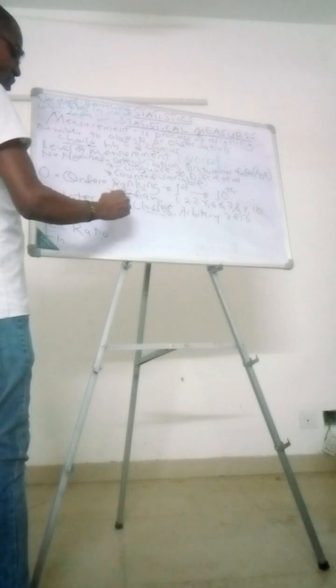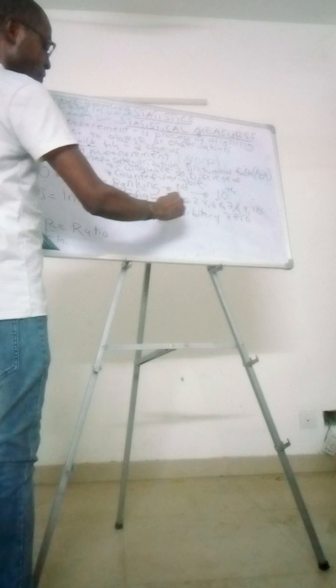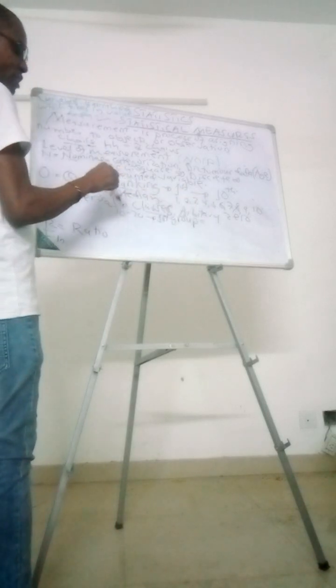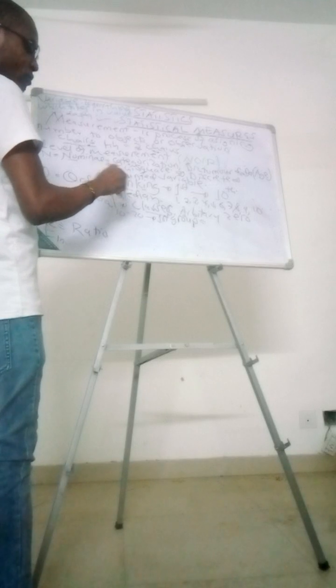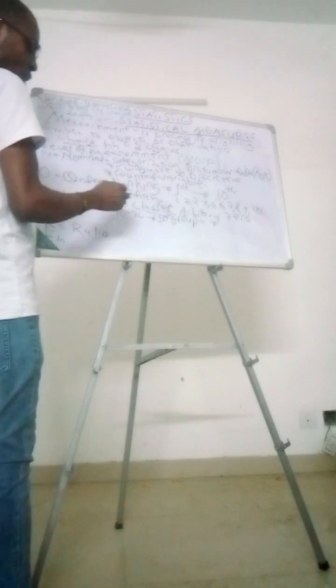For instance, we have 10 to 20, the first group, with maybe 7 as the frequency of samples in that group.